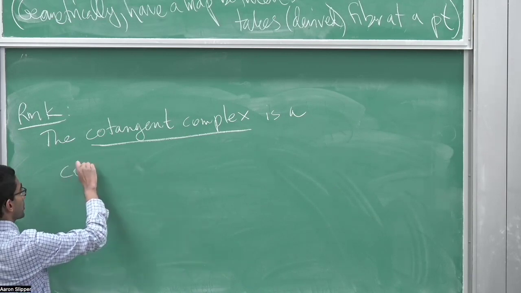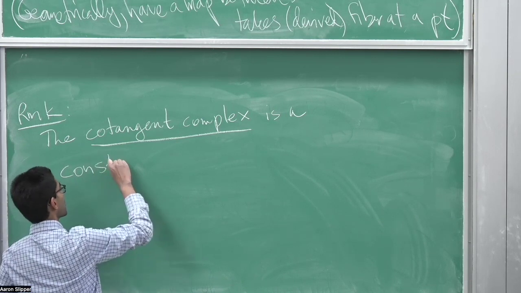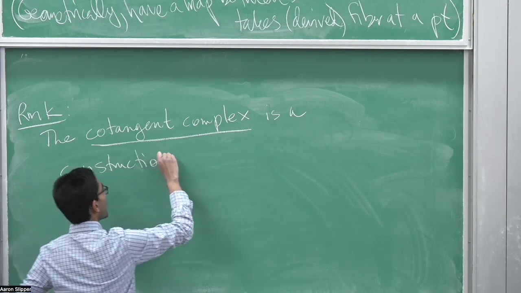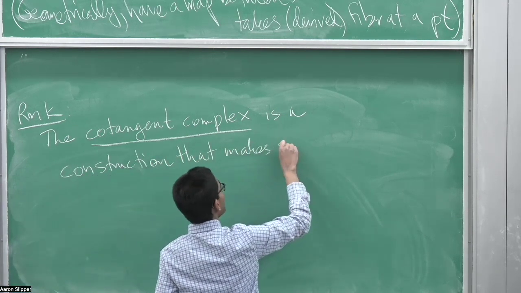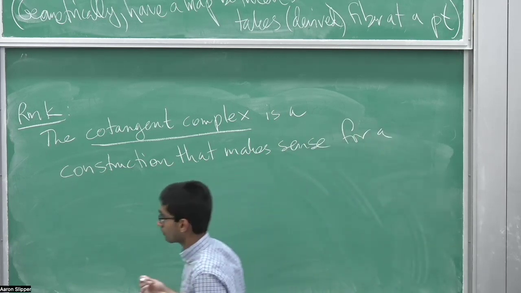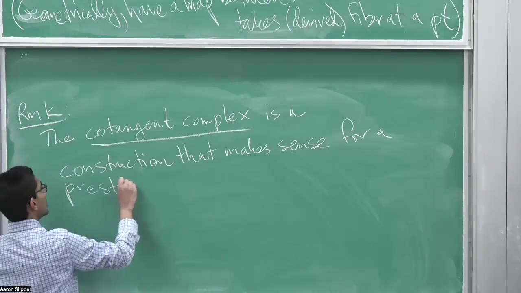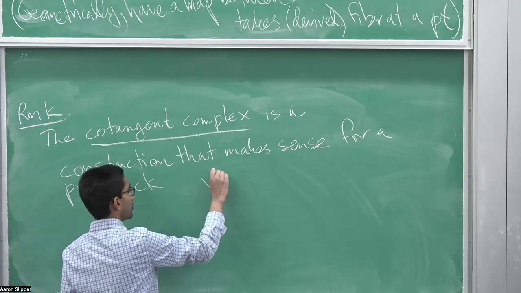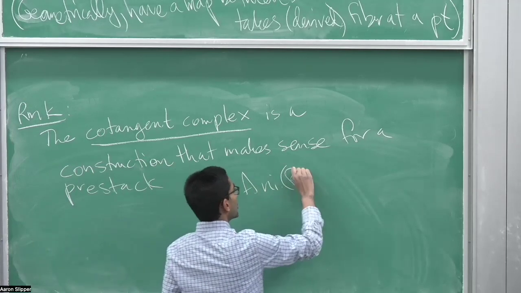So in particular, for something smooth, it literally will be the cotangent bundle. It's a construction that makes sense for a prestack. It doesn't always have to exist, but at least it makes sense. Again, I'm thinking of a prestack as a functor from animated algebras.